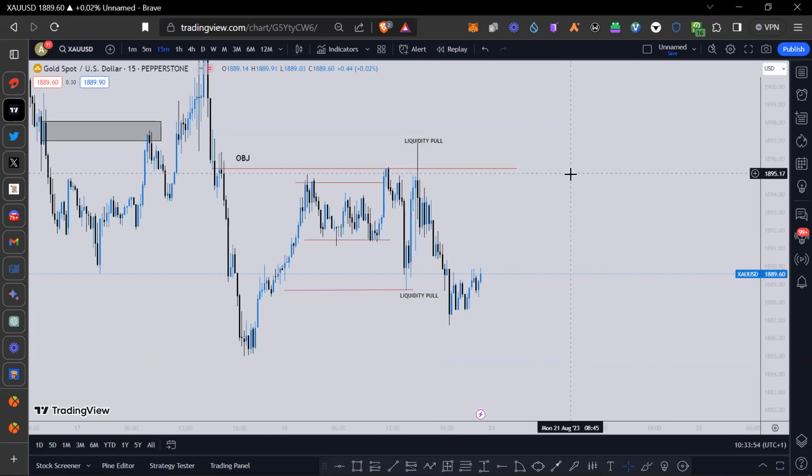Basically, I think it was CPI. I'm not sure, I think it was relating to the dollar, but I can't remember. But price moved within a single candle.